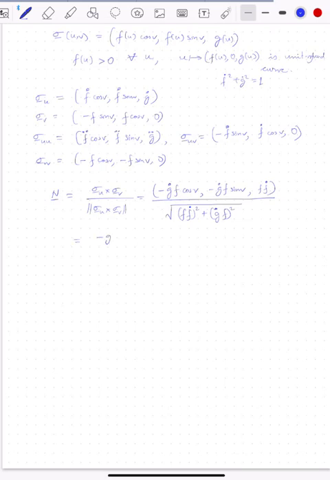And this will give us minus g dot f cosine v, minus g dot f sine v, f dot f, divided by, so we can bring out f, which is common to both, so it becomes f times root of f dot squared plus g dot squared, and this we know is 1. So eventually we have n is equal to minus g dot cosine v, minus g dot sine v, and then f dot.